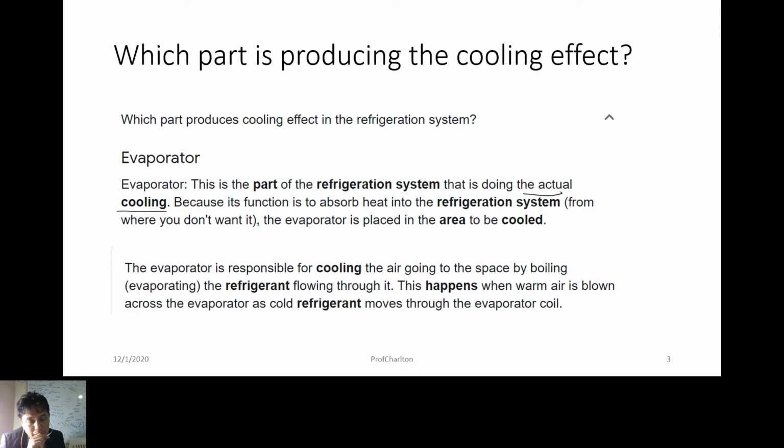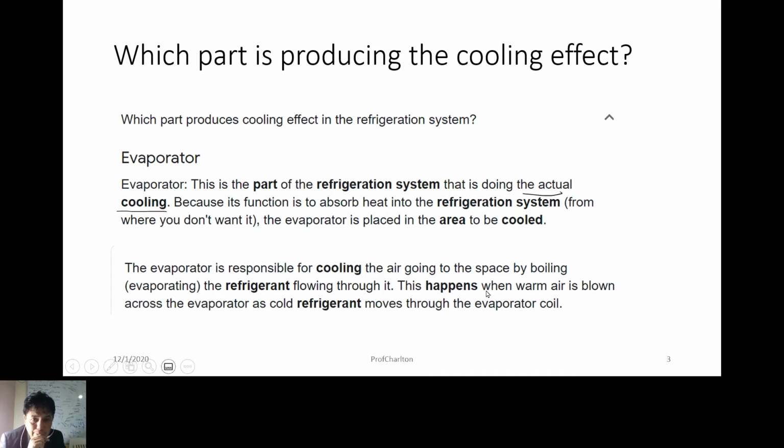If you flip it, it will cool the outside. Why would you cool the outside? You want the inside, where you lie down to be comfortable. So the cooling is happening in the evaporator. Let me repeat that: the evaporator is responsible for cooling. The air going to the space is cooled by boiling or evaporating the refrigerant flowing through it.